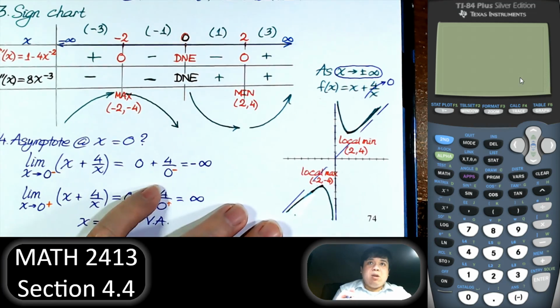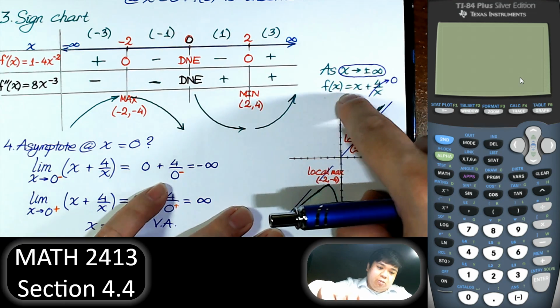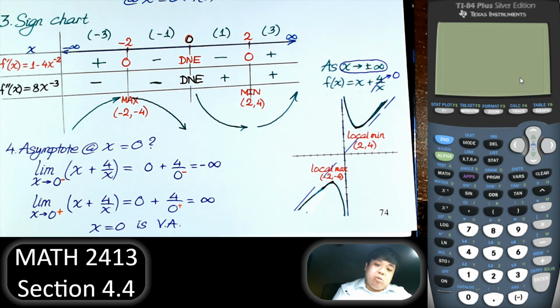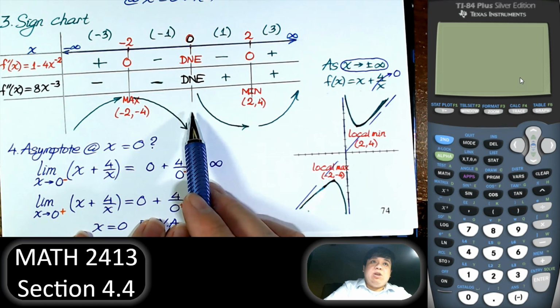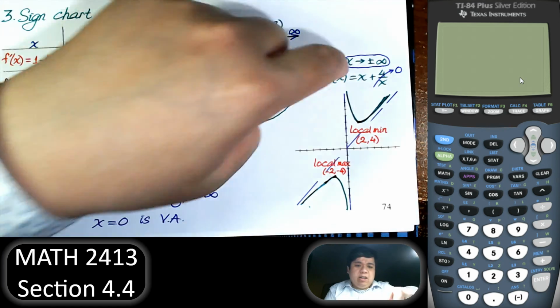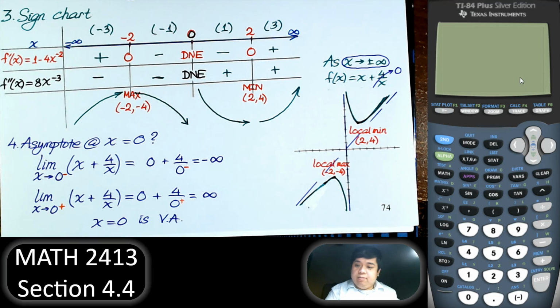We don't need that, but if we didn't know that, we just know that the function will look like that, which will be good enough. And there's no inflection point, because this point is undefined. There's only a local max and a local min. Whether we have the slant asymptote or not is not the focus of what we do here.